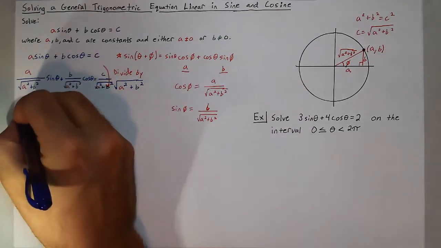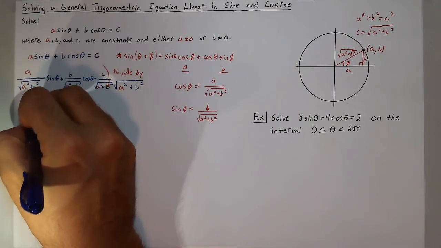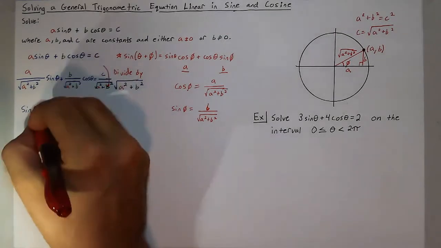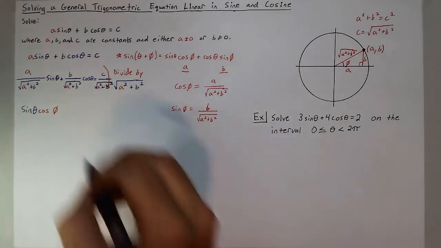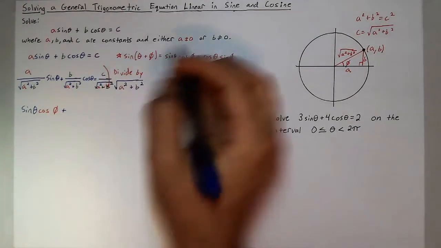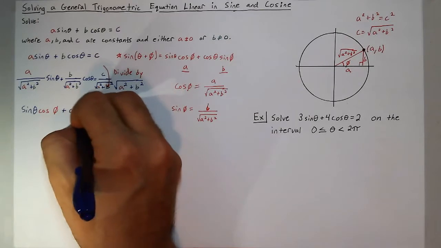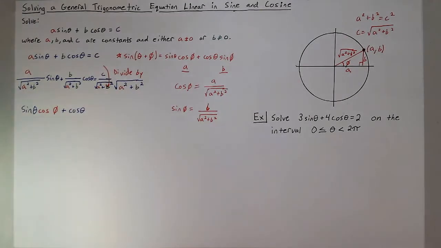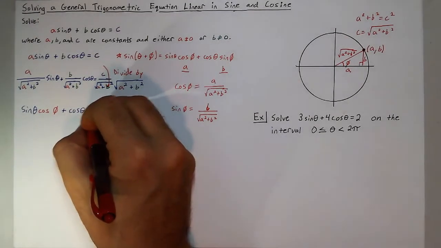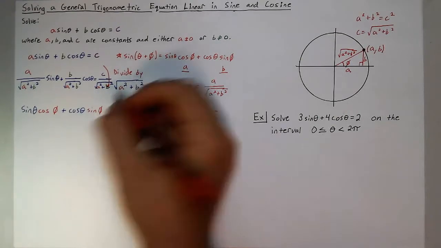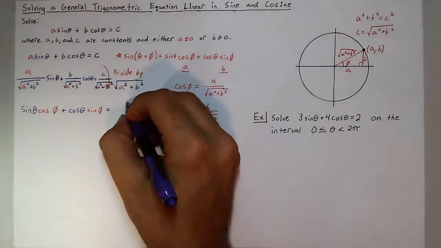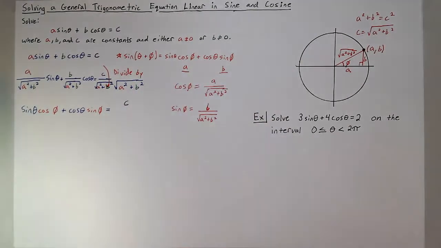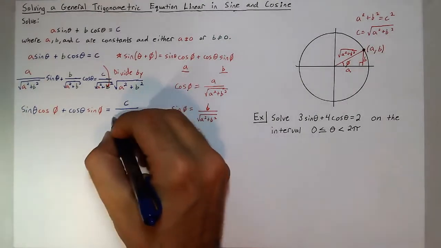So I'll have sine of theta times cosine of phi plus cosine of theta times sine of phi, and this will all be equal to c over the square root of a squared plus b squared.